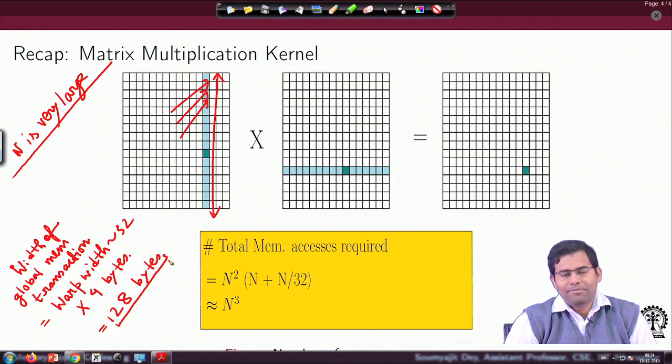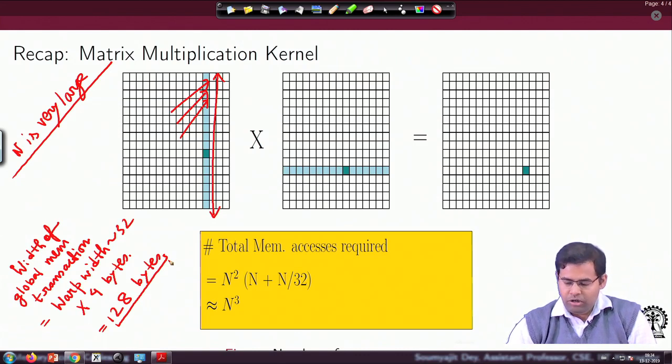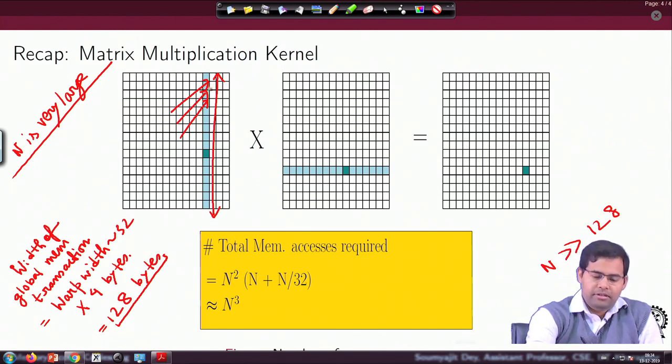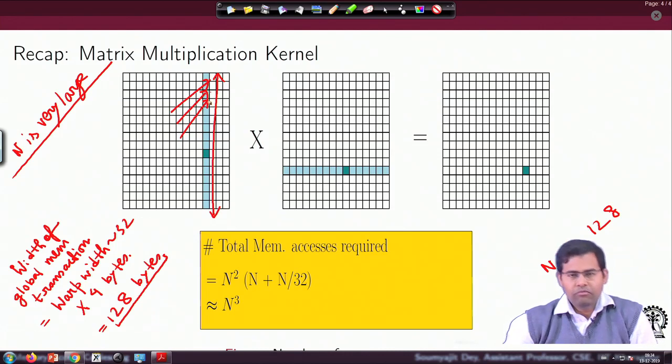Again, I would just repeat the part byte aligned access like we discussed earlier. So as long as this n is going to be larger than 128 bytes, these accesses of these consecutive locations in the column will all be separate global memory transactions, right?